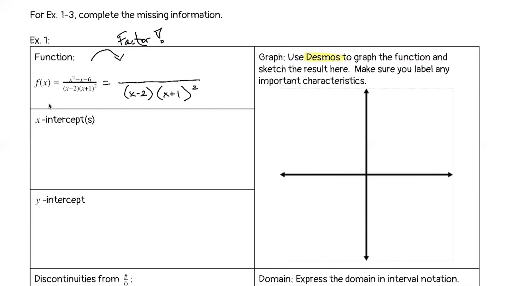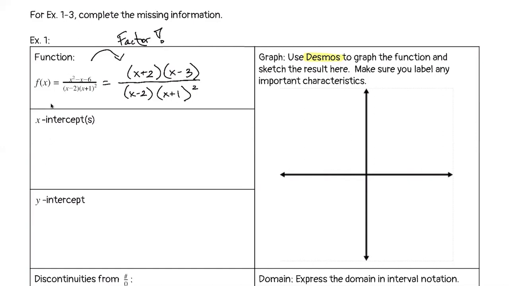All right. So anybody happen to have that numerator factored? X squared minus x minus 6. What does that factor into? All right, I've got an x plus 2 and an x minus 3. Okay, let's write that down and then maybe FOIL it back out in our heads just to make sure that we get what we had.